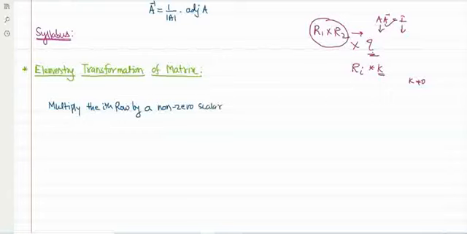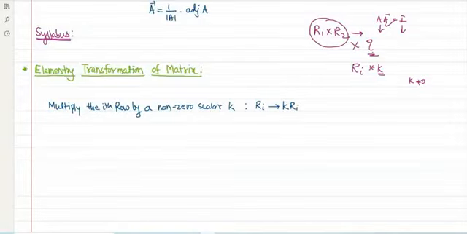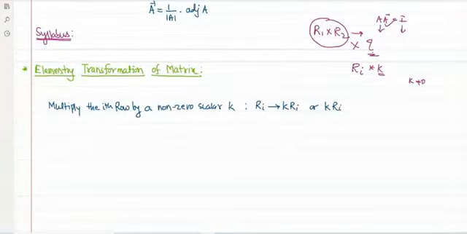That transformation can be denoted as Ri arrow k into Ri. That means you are changing the ith row to k into Ri, where k is not equal to 0. Okay, correct.